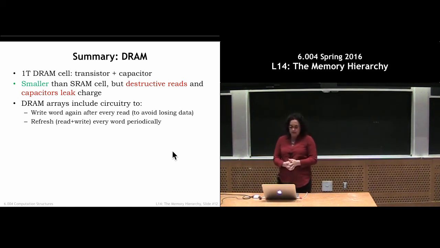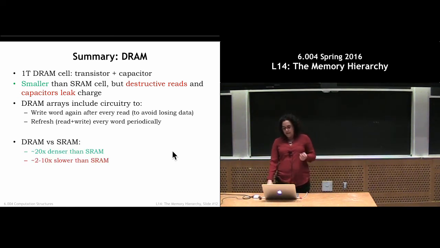The result is that DRAMs, while they're much, much smaller than SRAMs, are also slower than SRAMs. And so once again, we're seeing the trade-off that we saw at the very beginning of lecture, which is that as we're increasing capacity, we're making our latency get worse.